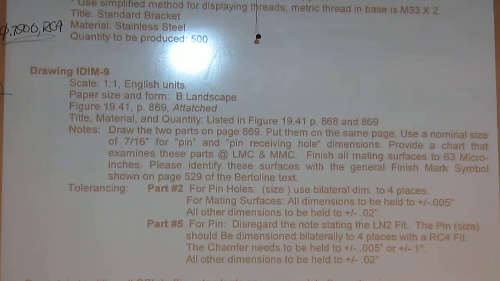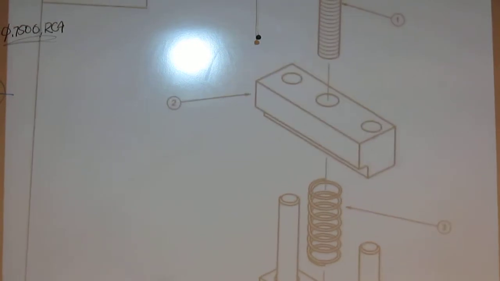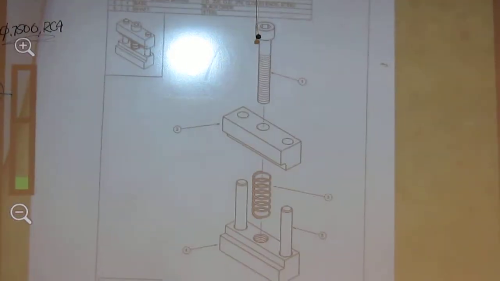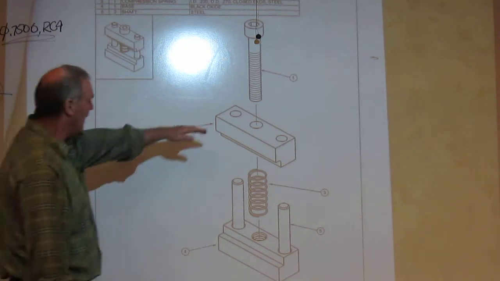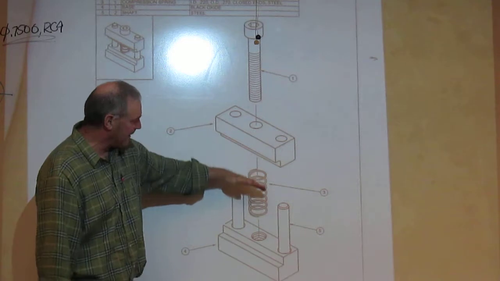In essence, we're not going to draw this whole thing. This is in your text, by the way, in a later chapter. So in essence, this is a little hand vise. We've got these 2 blocks. They're going to sit on these 2 pins so we can slide them together.